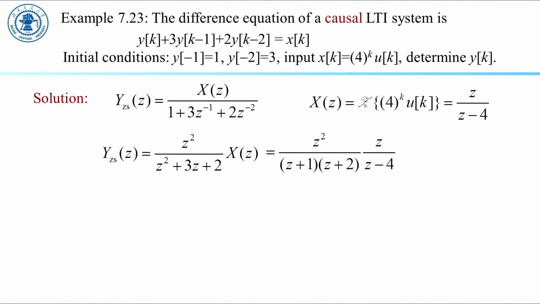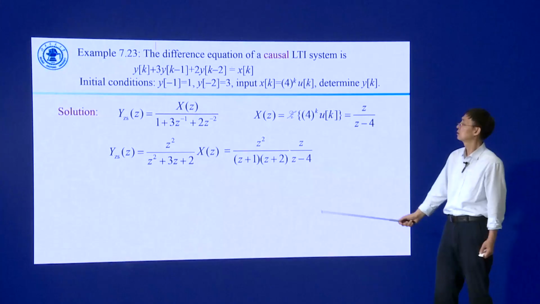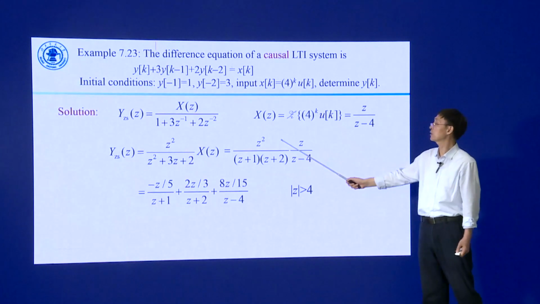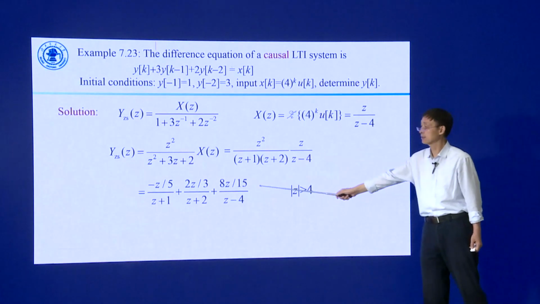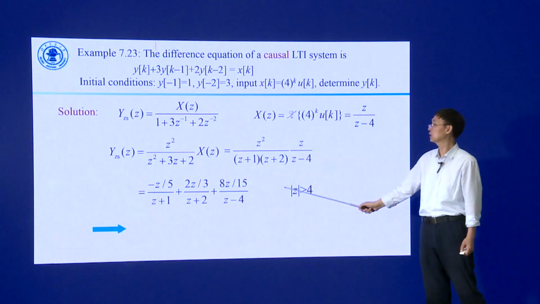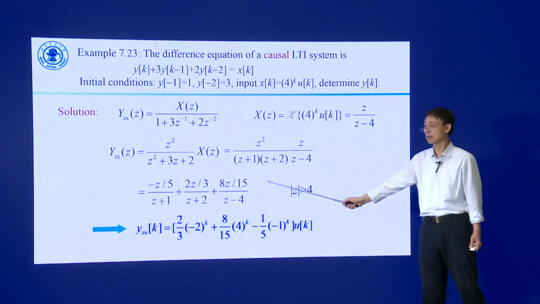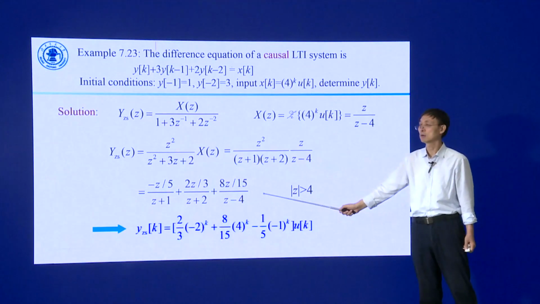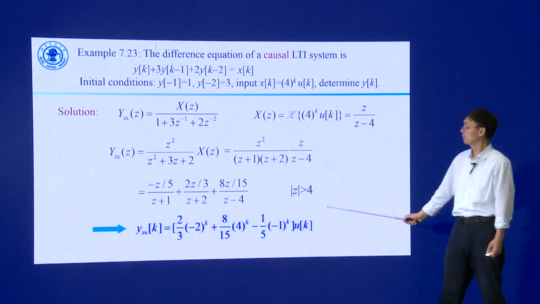According to this equation, we can get Y_zs(z). By the partial fraction expansion, we can get this equation. By the inversion of unilateral Z transform, we can get the zero state response for the system.